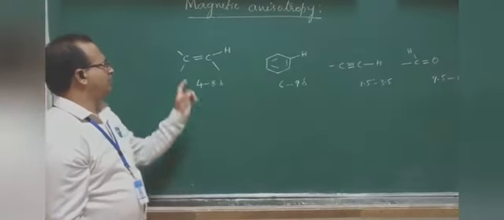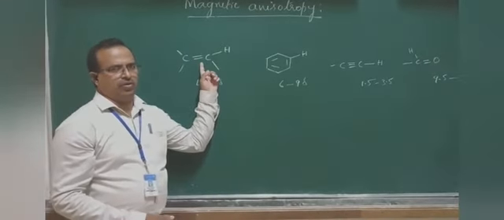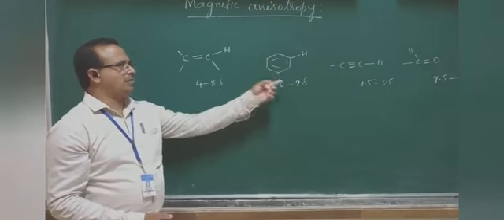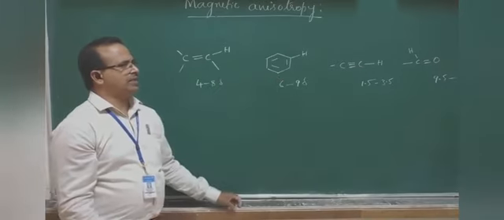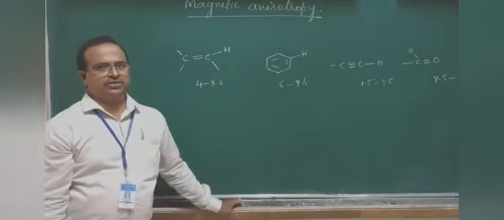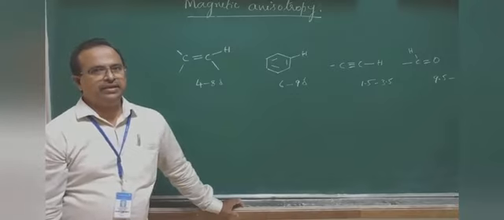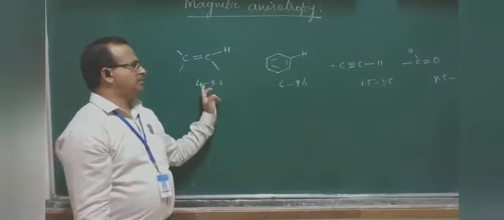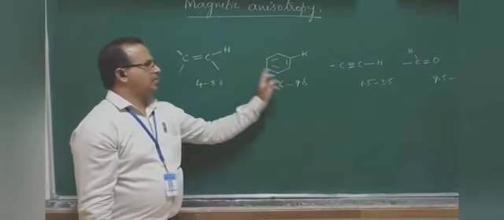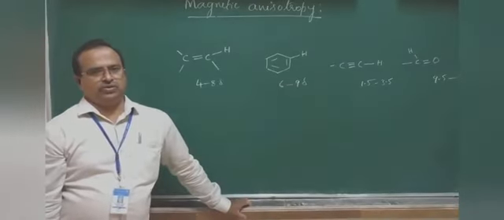But for compounds containing double bonds or pi electrons, on the basis of electronegativity effect and hybridization effect, we cannot explain the observed chemical shift values of compounds containing pi bonds.